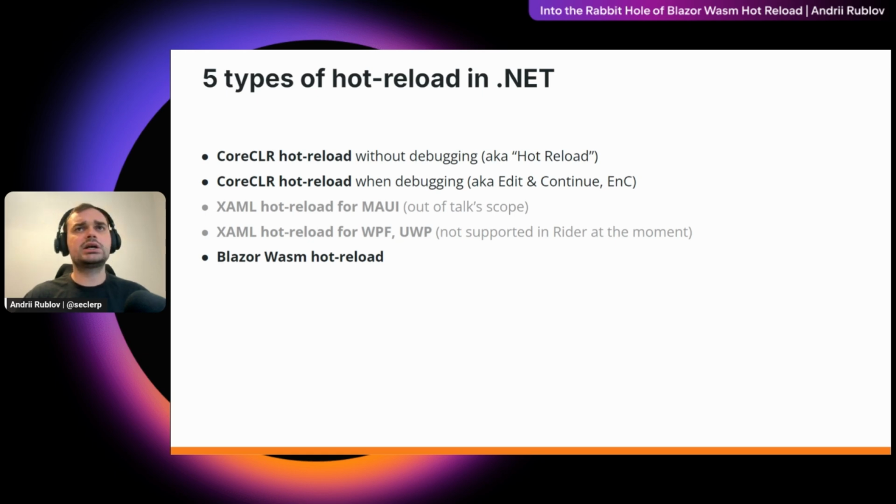The classic and most working approach is implemented in the CoreCLR runtime. It covers not only console applications, but also ASP.NET Core and some other rare UI frameworks. Its implementation varies depending on whether the application is run in debug mode or not, as the change delivery mechanism in such cases is different.